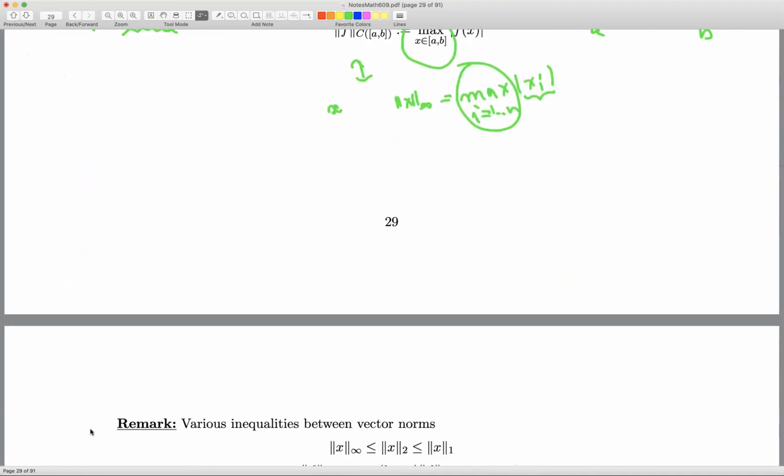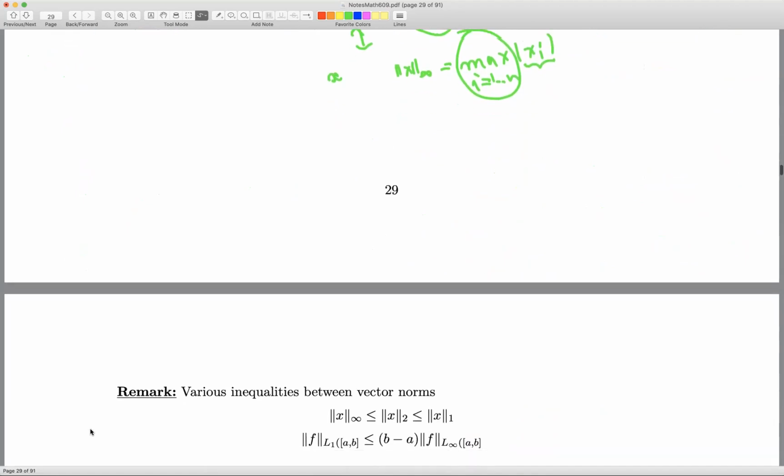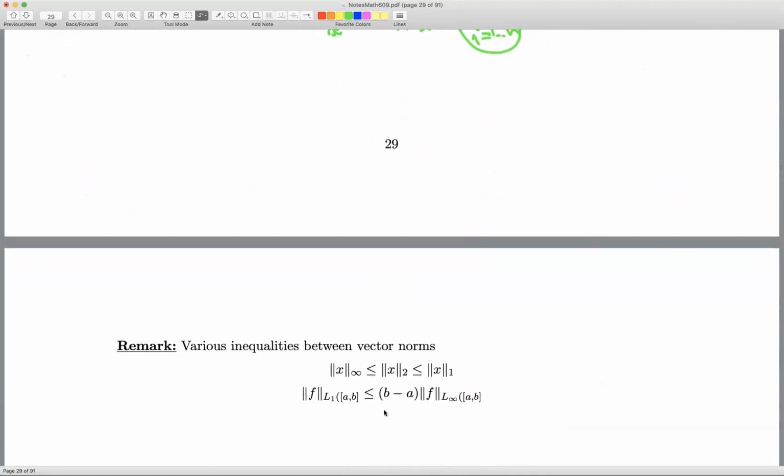Then there are various inequalities between vector norms. For example, we have inequalities between the 1 norm, the 2 norm and the infinity norm.